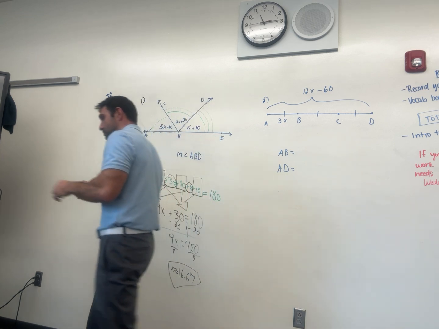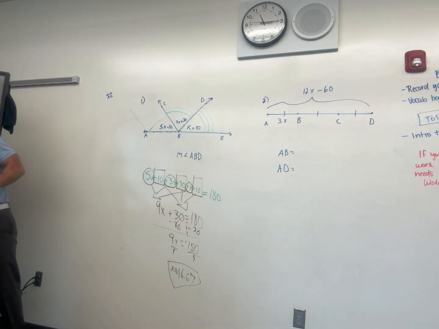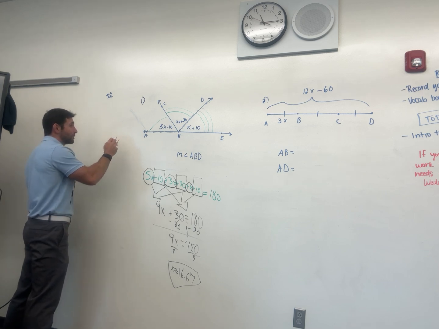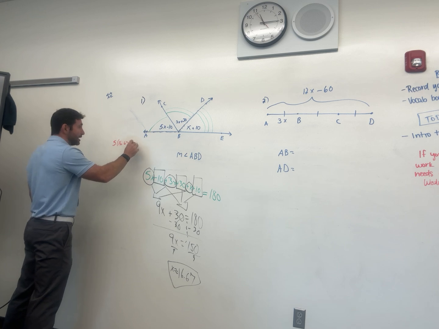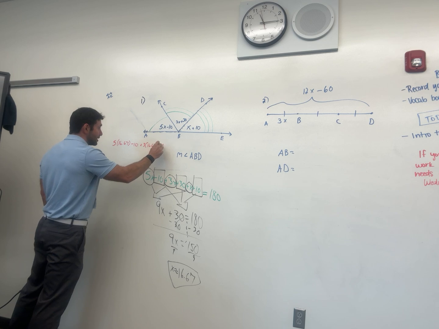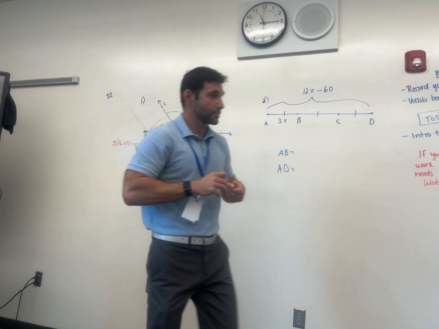Let me get a different marker. So we all have those calculators. We're going to substitute in. I'm going to say 5 multiplied by 16.67 minus 10 plus 3 times 16.67 plus 30. So I'm going to say calculator.